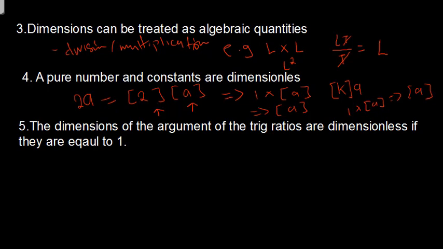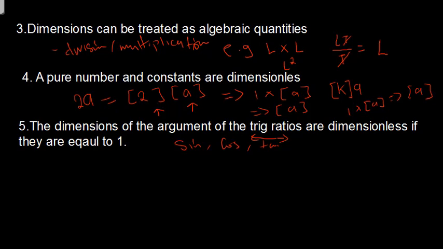And rule number 5 simply says the dimensions of the argument of any trig ratio are dimensionless, equal to 1. The trig ratios that we already know are sine, cosine, and tangent.